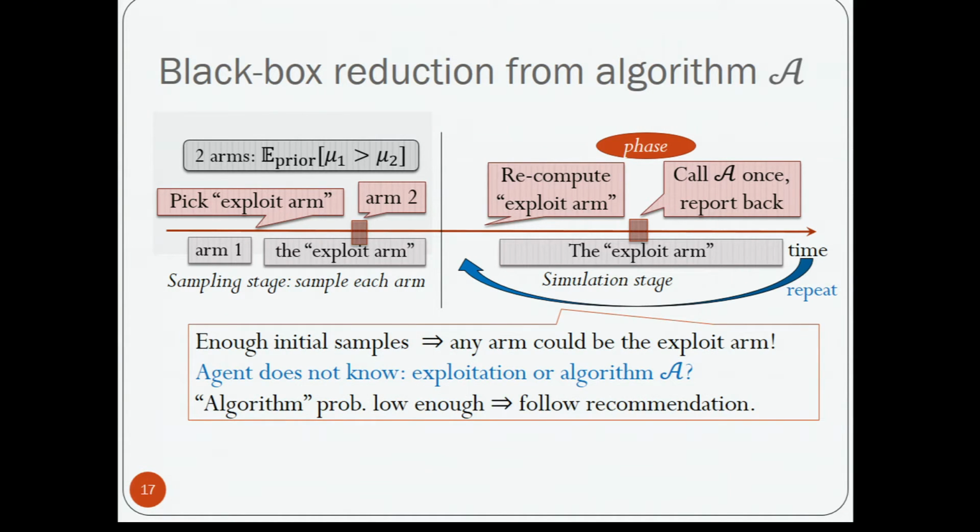And again, if we collect enough initial samples, then we can ensure that any arm could be the exploit arm here. So when the agent receives the recommendation for arm 2, it doesn't know why. And then we make the probability of calling the algorithm low enough so that the agent is incentivized to follow the recommendation. The proof needs to go through some technicalities, but that's essentially it. And that's it for two arms.